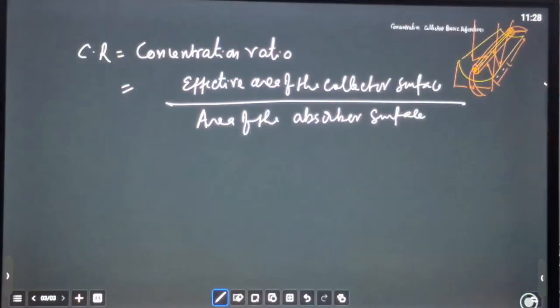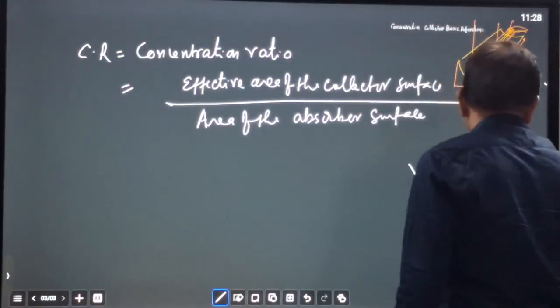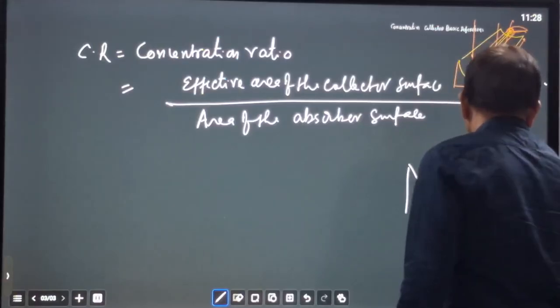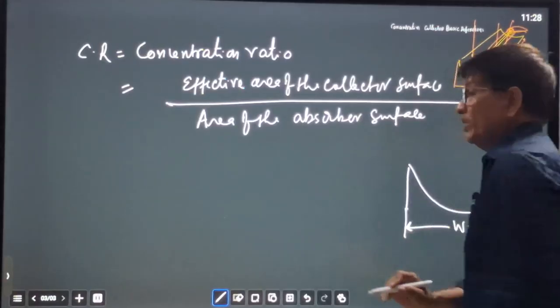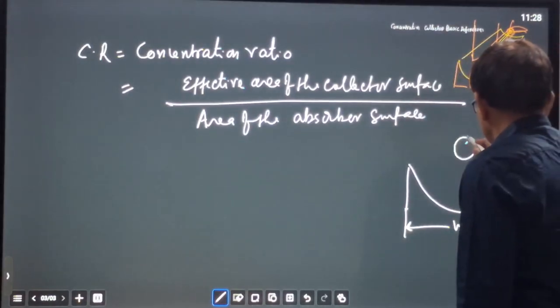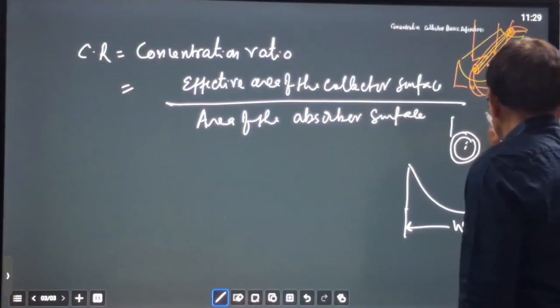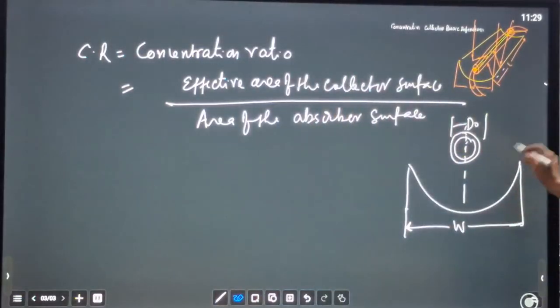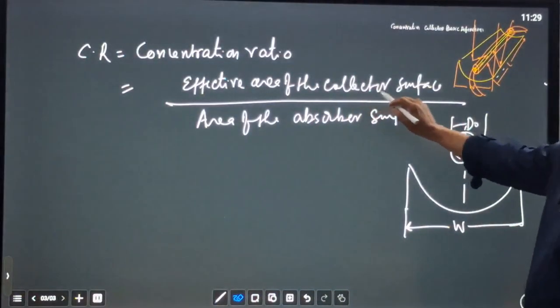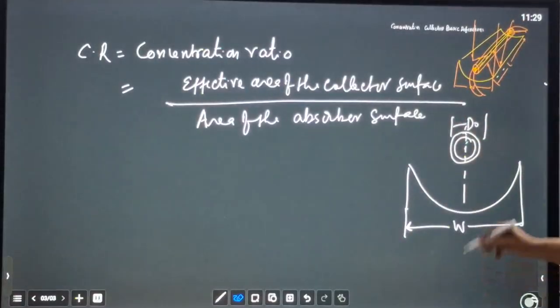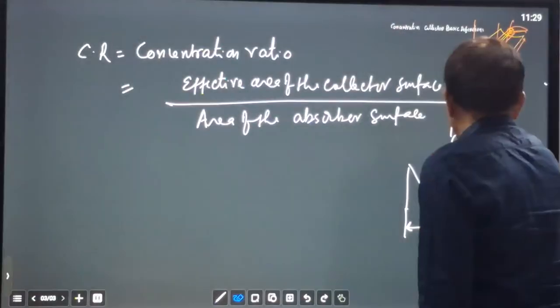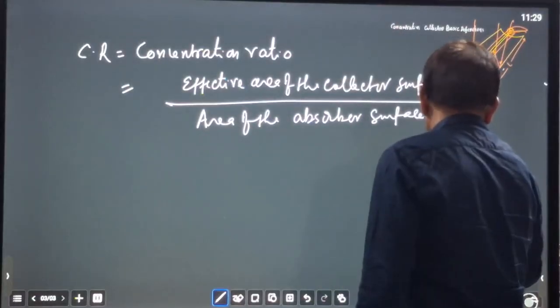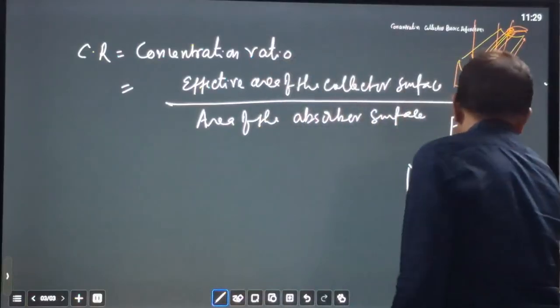surface. Here we are taking the example of the cylindrical parabolic collector. This is a cylindrical parabolic collector, W is the width of the parabola, and here is a concentric cylindrical tube with outer diameter D0, and the total length is L. Now the effective area of the collector: when rays come, they create an image, so this is an overlapped area.